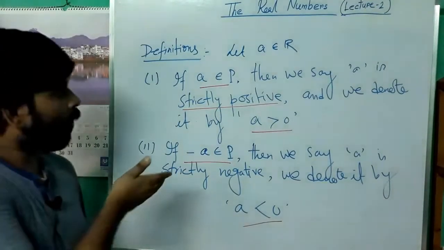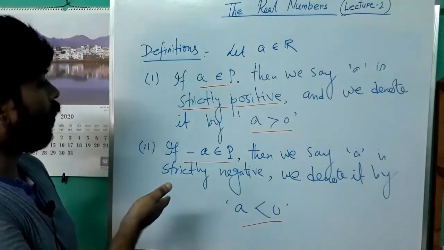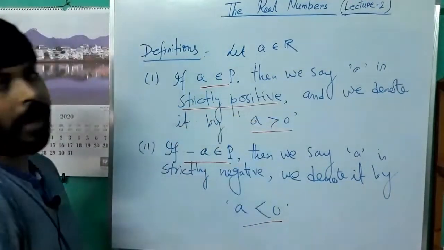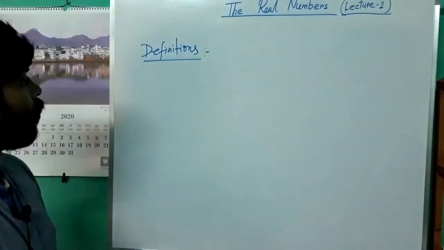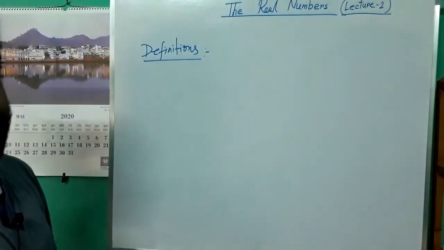So the order axioms help us to define strictly positive elements and strictly negative elements. Next we define other definitions.